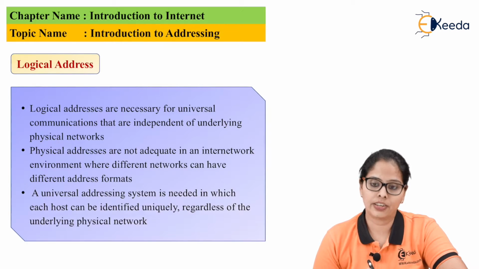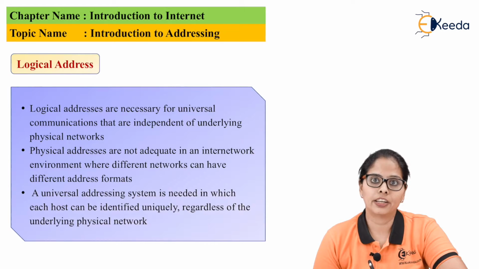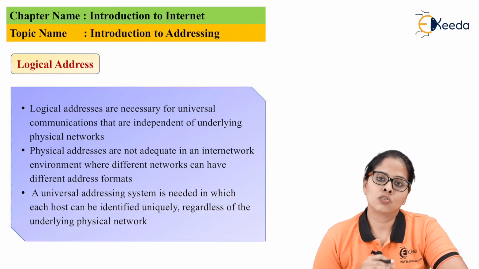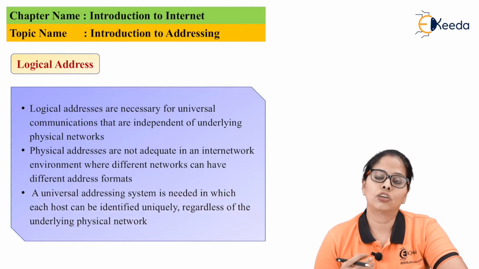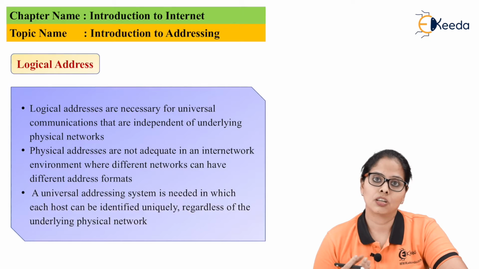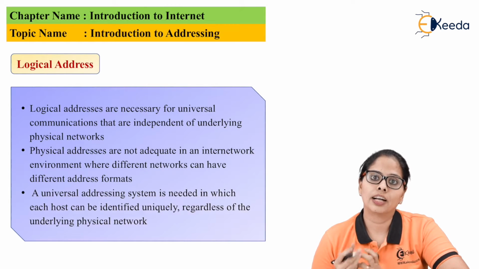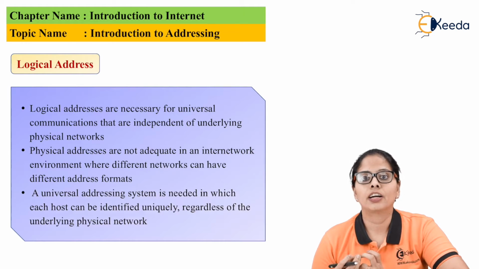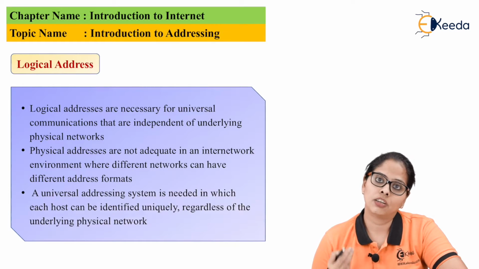A universal addressing system is needed in which each host can be identified uniquely regardless of the underlying physical network. It is possible that the physical network can be changed, and along with that, your physical address is going to change. So when you are connecting 2 different networks, you need addressing which identifies each host. So the IP address will provide a unique identity to each user.